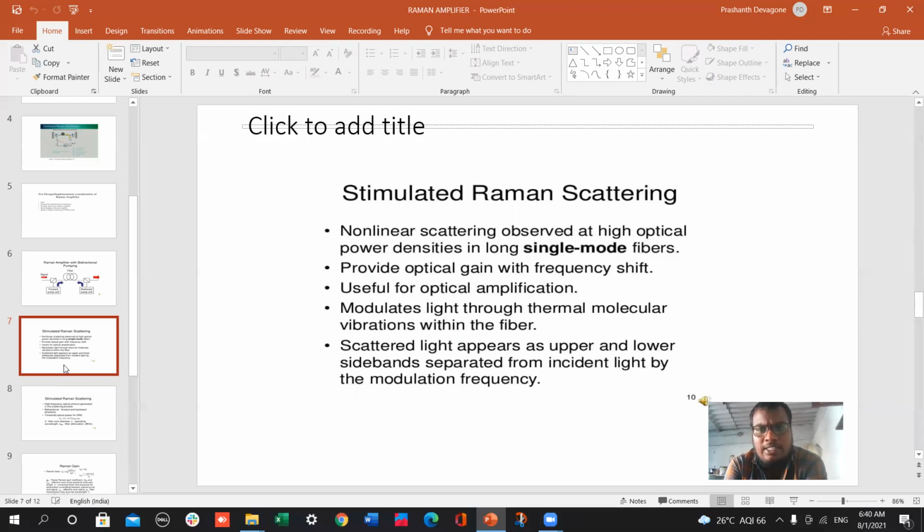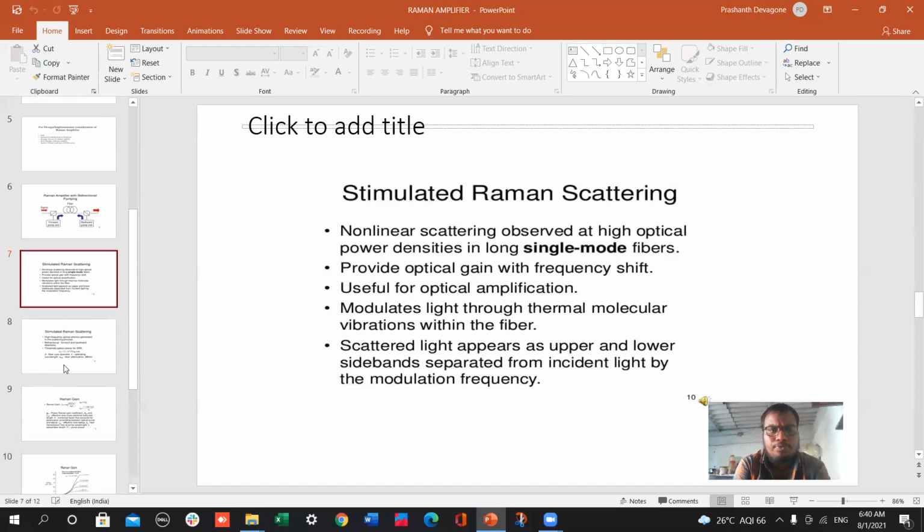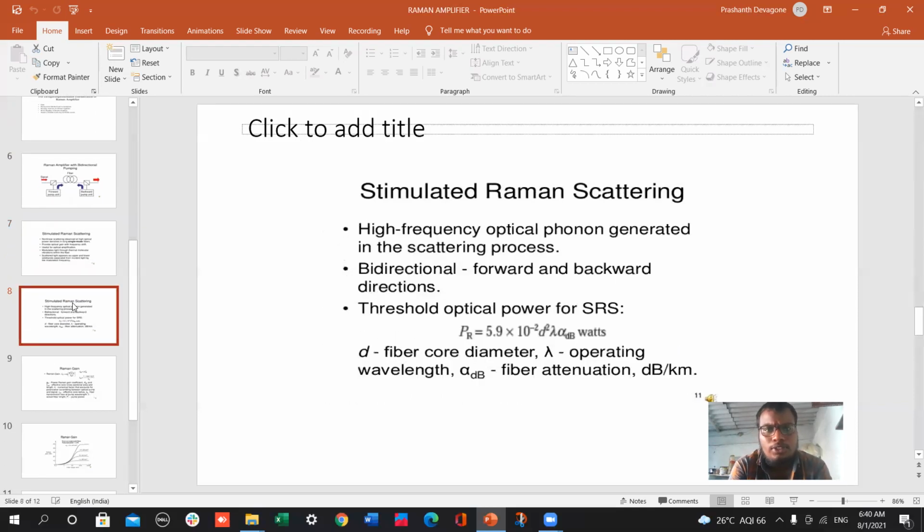Scattered light appears as upper and lower sidebands separated from the incident light by the modulation frequency. In stimulated Raman scattering, high frequency optical phonons are generated in the scattering process, in both forward and backward directions.